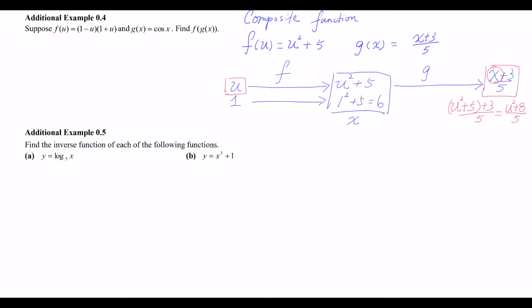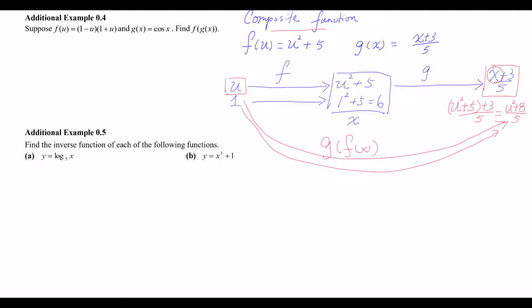So it's just like we start from u, and at the end I get this result. But the process involves two steps, involves two functions, and therefore we call it a composite function, and for our notation we write it in this way.